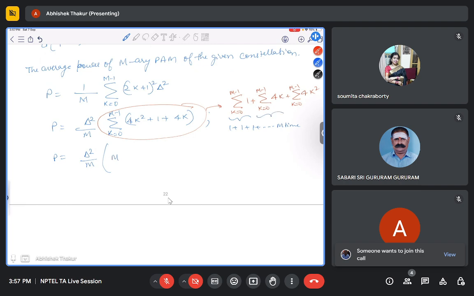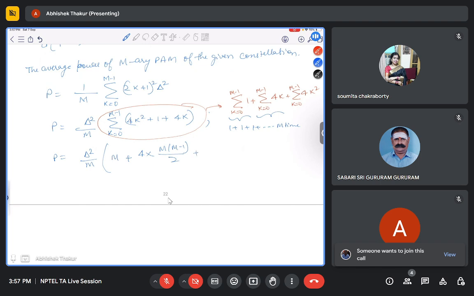We know the summation of this as: this 4 will come outside. Summation of k will be M into M minus 1 by 2, since the summation of n integers is n into n plus 1 by 2, here M into M minus 1 by 2.